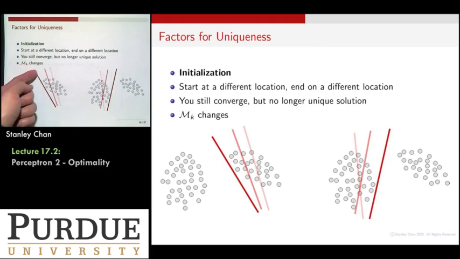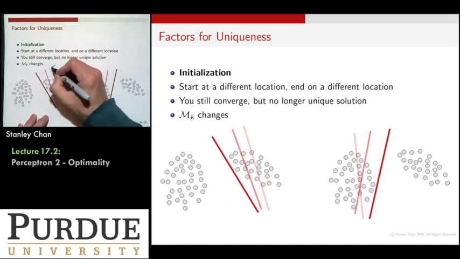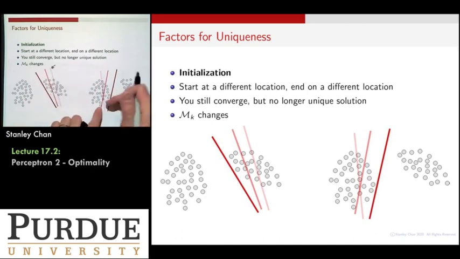So if you pick your initial guess here, and then according to the perceptron, if you start with this pink line, and then you gradually update your perceptron algorithm, you can go to here. But if you start with this line, and then according to the perceptron algorithm, you go there. Now, why is it that if I start from here, I won't go there?